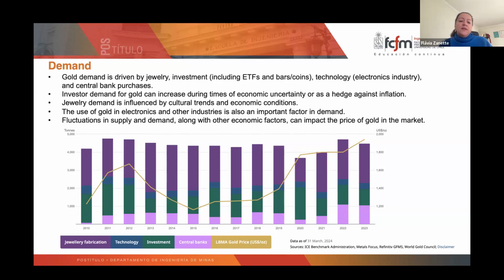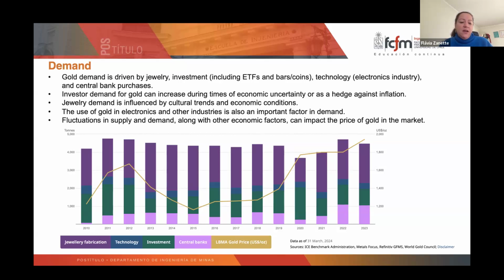Jewelry demand is influenced by cultural trends and economic conditions, of course, because jewelry is a special market, as diamonds, I think. The use of gold in electronics and other industries is also an important factor in the demand. Fluctuations in supply and demand, along with other economic factors, can impact the price of gold.